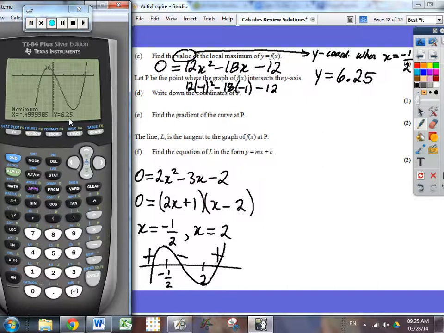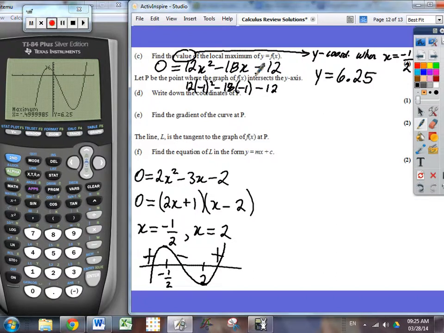Okay? Alright, part D. Let P be the point where the graph intersects the y-axis. Well, intersect the y-axis is code for y-intercept, which means that x is equal to 0. So if we substitute x equals 0, and remember we're substituting into the original function because we're looking for the y-coordinate, so x equals 0, and what's the corresponding value of y?